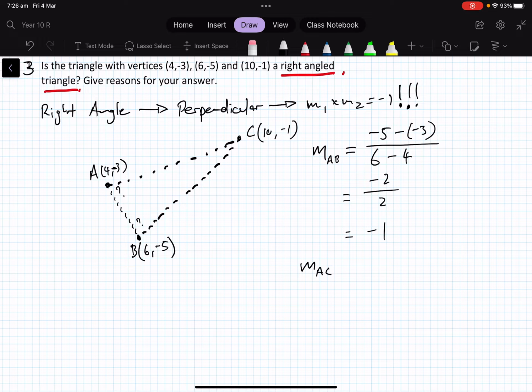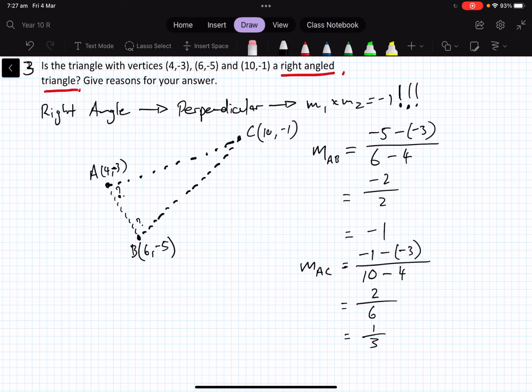AC, let's see. It could be that this angle, so I want to find AC. So the gradient of AC is y2 minus y1, -1 minus -3, over 10 minus 4, which is -1 minus -3 is 2, because you add the 3, so it's 2 over 6, which is equal to 1/3.